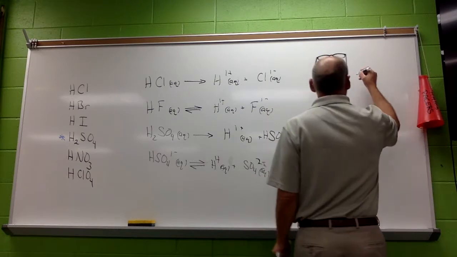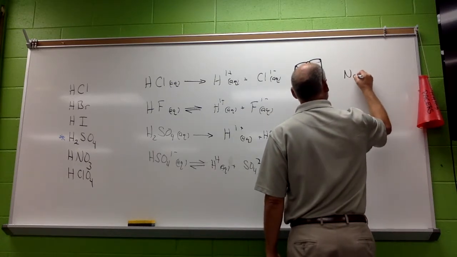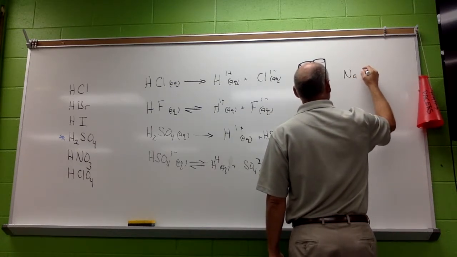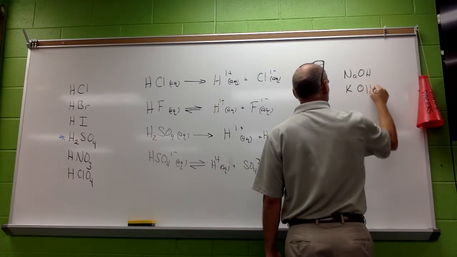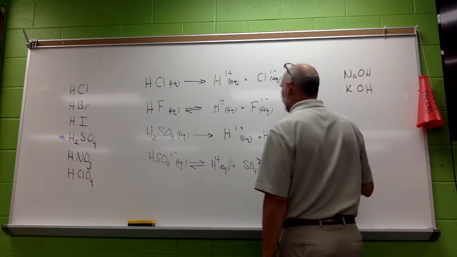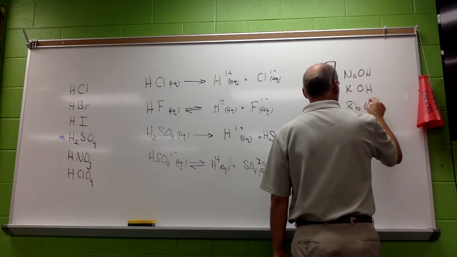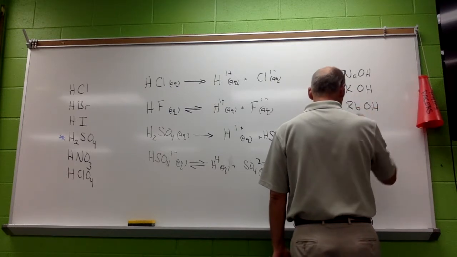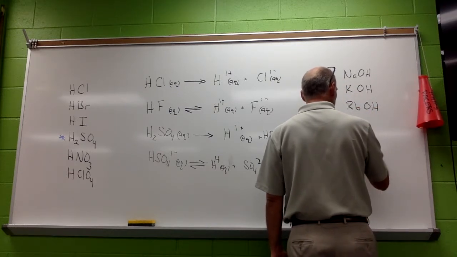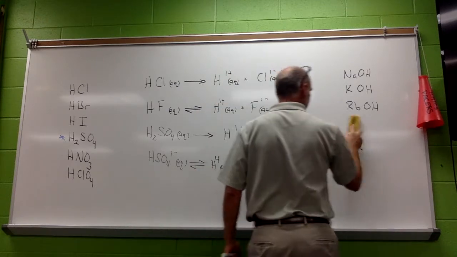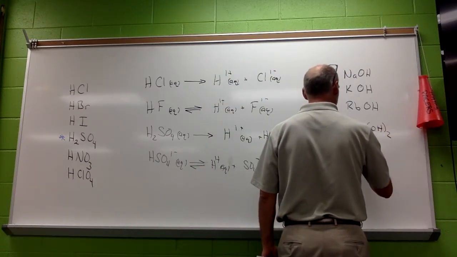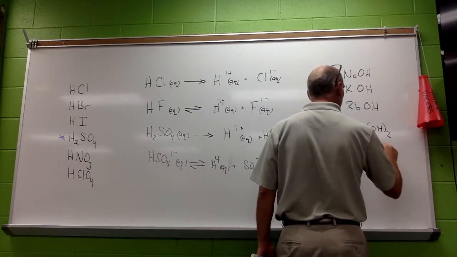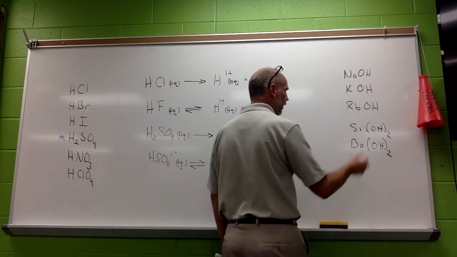The strong bases, as we said earlier, are sodium hydroxide, potassium hydroxide. You know, we can get down to rubidium hydroxide. We said that strontium and barium are also strong. Okay.